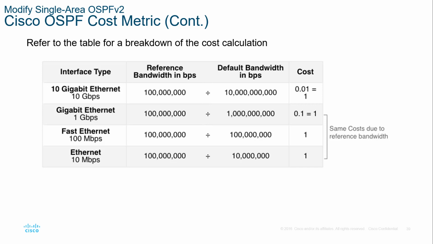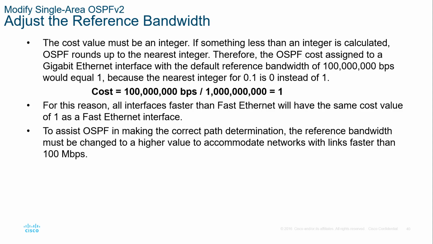By doing the adjustment, we can get the appropriate cost. Since the cost value has to be an integer, 0.1 is 1, and 0.001 is still 1. That's one of the reasons for that cost adjustment.